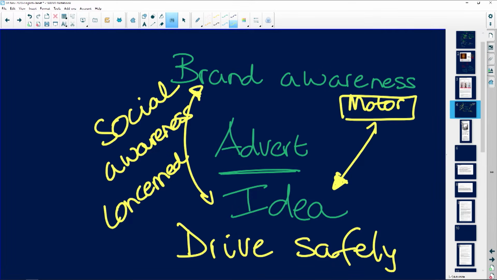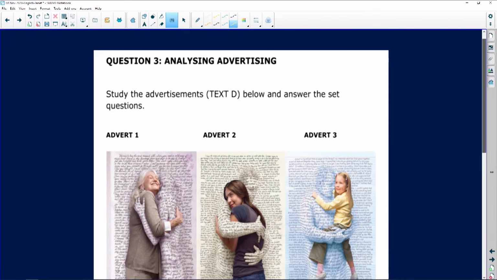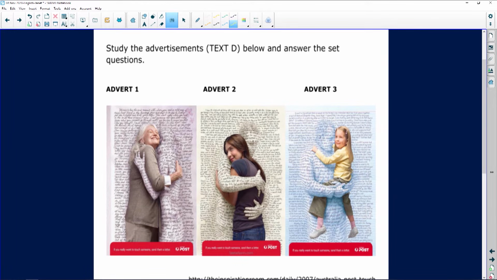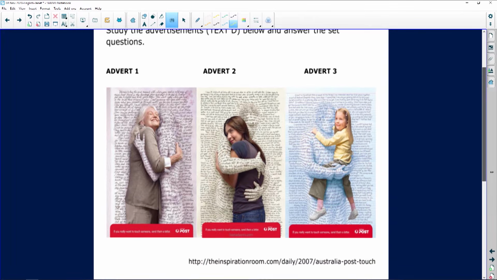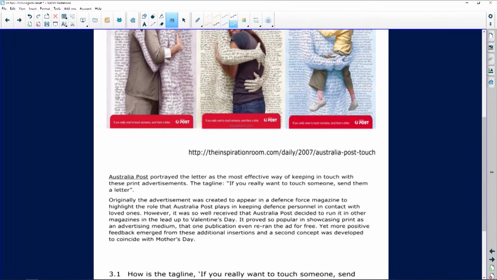Okay, right. So, FAL, I don't think expect more than one. Home language, you can get anything. So look what we've got. You can see Post at the bottom of each one. You can see writing, okay, and the people. Right, so it says, it's a bit small, I hope you can read it.